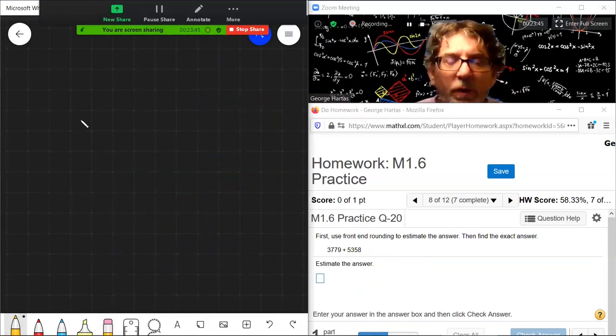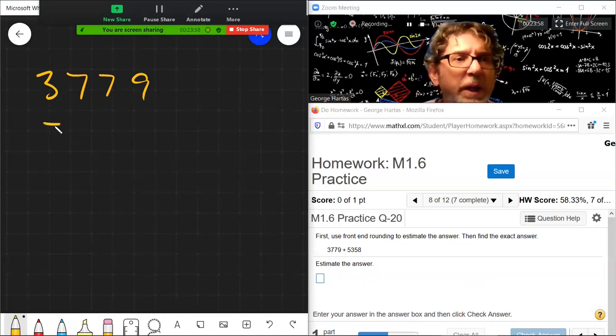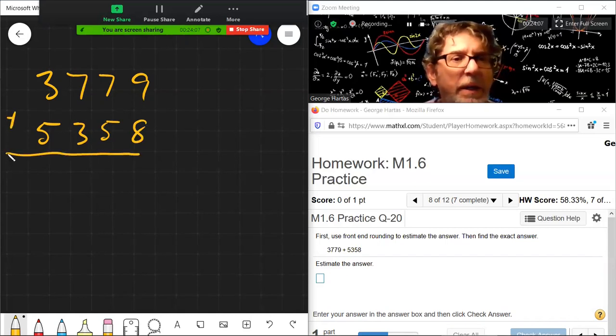So we're back to front-end rounding here. And I'm going to line these up vertically: 3,779, 5,358, adding. So front-end rounding. Now we're at the thousands place.